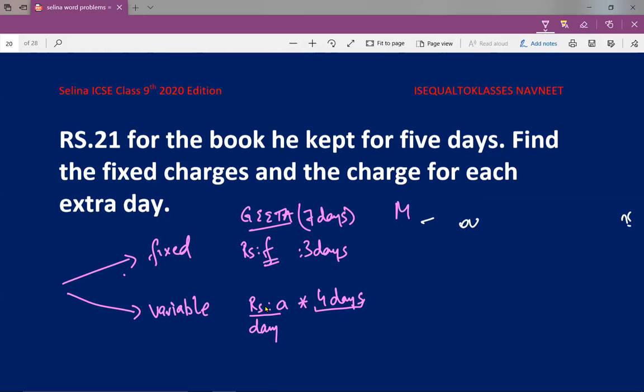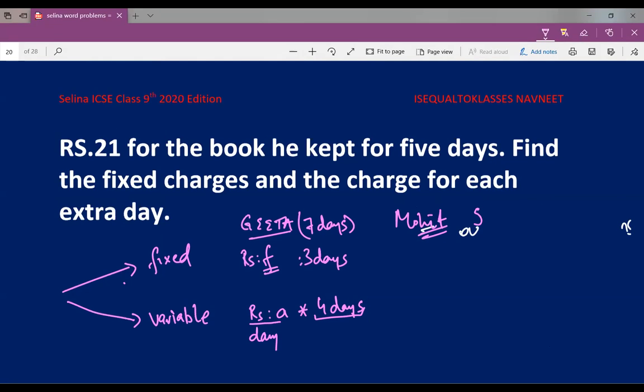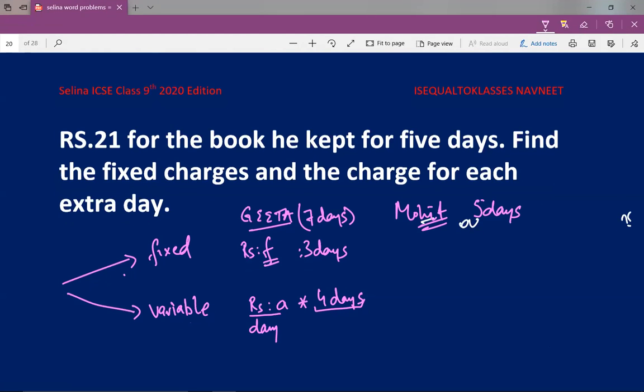Then we have Mohit. Mohit keeps the book for 5 days. Now, for the first 3 days, he will be paying rupees F. And from 4th day onward, the 5 days can be broken into 3 plus 2.